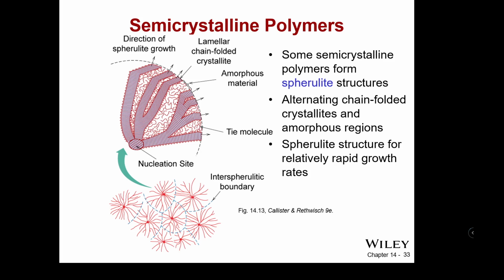So there are also materials that can be semi-crystalline polymers. They have a nucleation site, they have lots of these aligned domains, and only a small amount of amorphous polymer. And those tie the crystalline pieces together by way of effectively tangling of the chains.